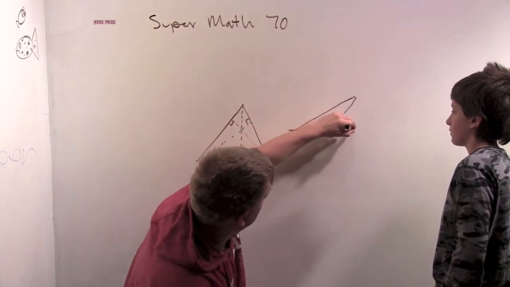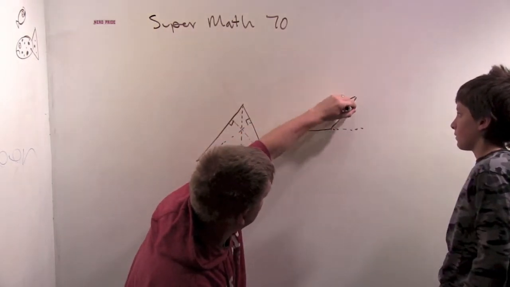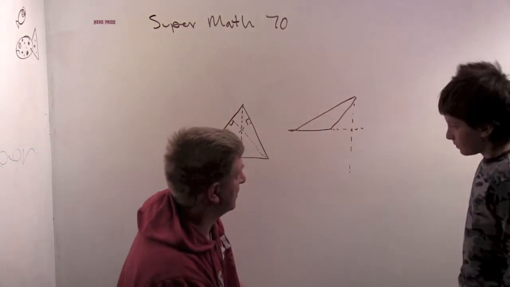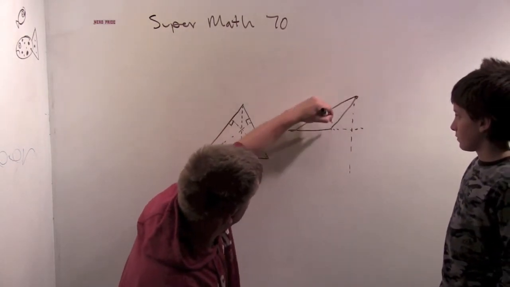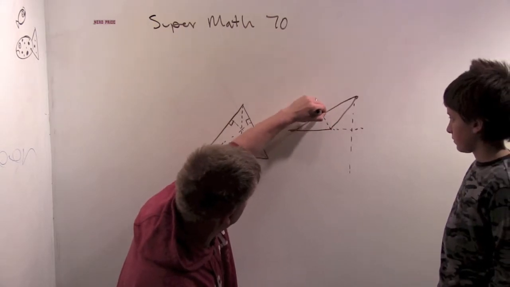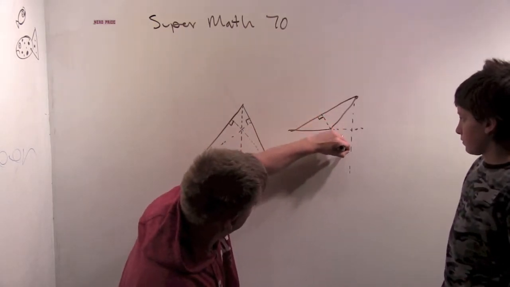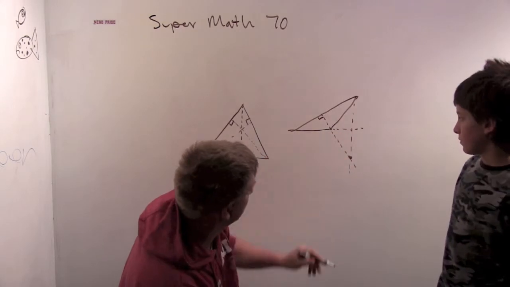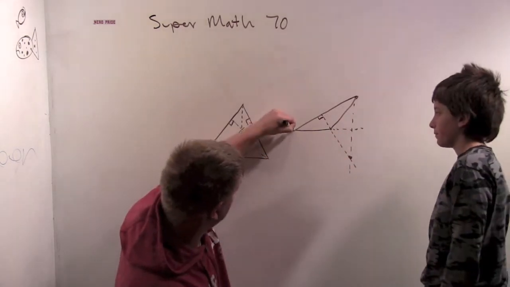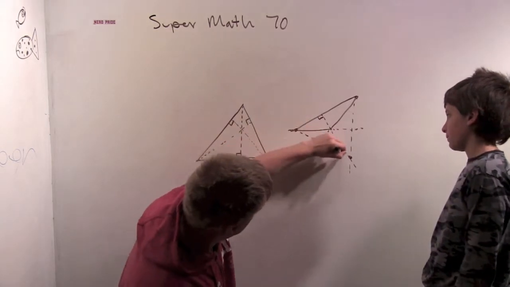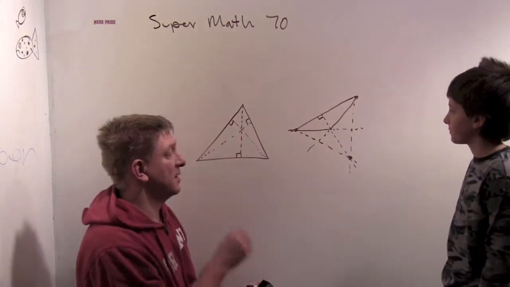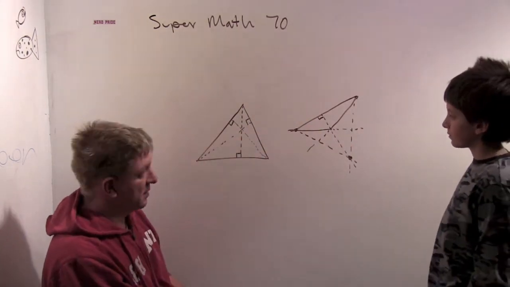Because to draw the perpendicular, I have to actually extend the sides a little bit, right? So that's the perpendicular from here. The perpendicular from here is easy enough to understand, but to see where they intersect, you've got to go backwards. And then the perpendicular here, I have to extend this side as well, and lo and behold, it looks like they do intersect, and it's kind of a surprise.